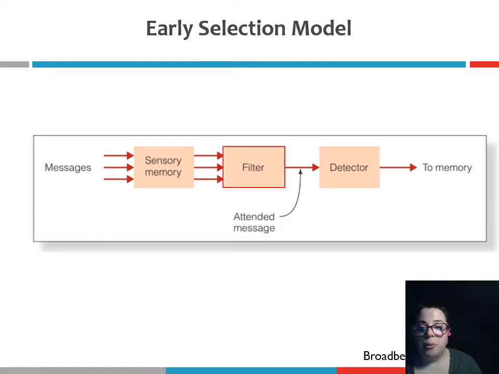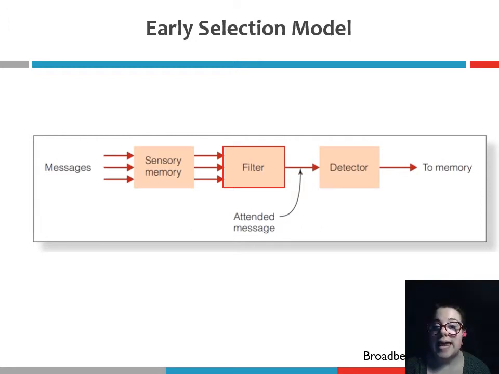Okay, so our first step in this model is sensory memory, right? So just like it was represented in the Atkinson and Shiffrin model, sensory memory is going to hold all of the information in both the attended channel and the unattended channel, okay, for a fraction of a second.